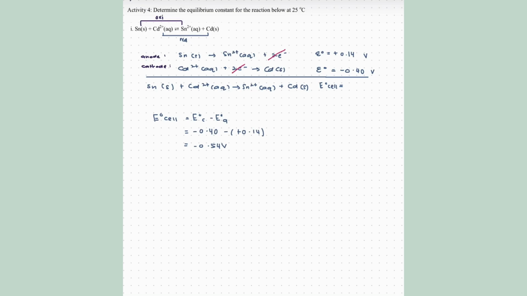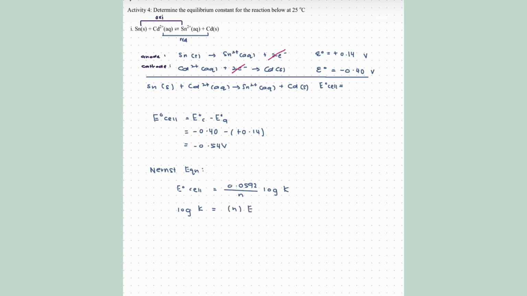Okay, to determine the equilibrium constant, we need to use the Nernst equation, which is E naught cell equals 0.0592 over number of moles times log K. And then rearrange the equation, because we want to find the K value.